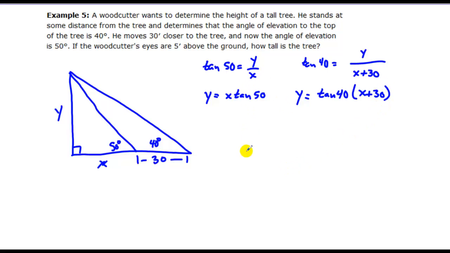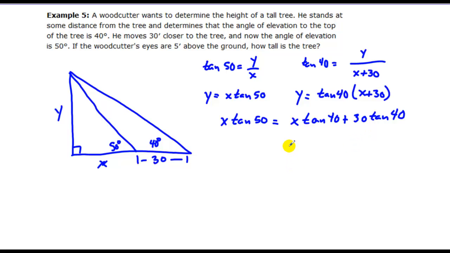And since both of them are equal to y, I can set the two equal to each other. So x tan 50 is equal to x tan 40 plus 30 tan 40. I just went ahead and distributed.